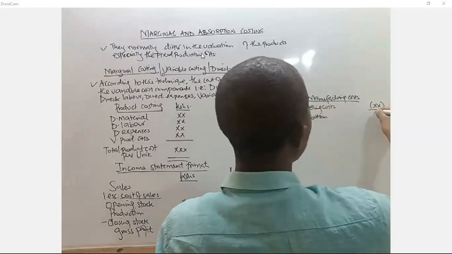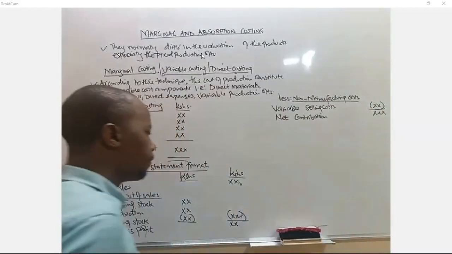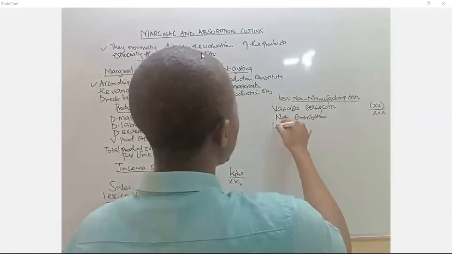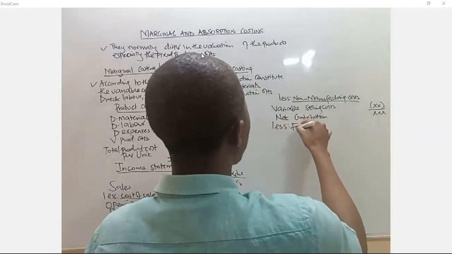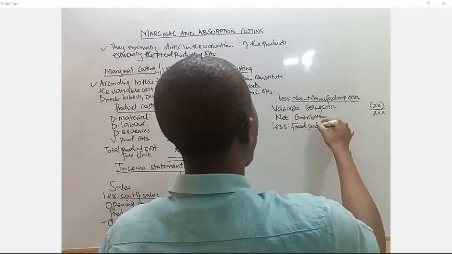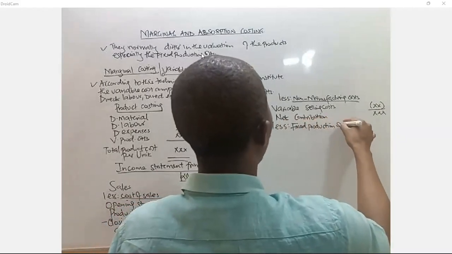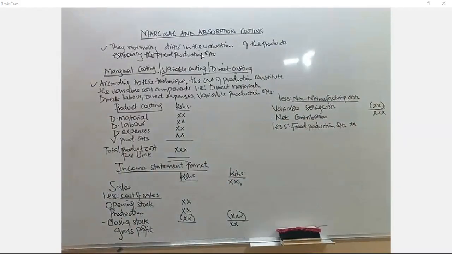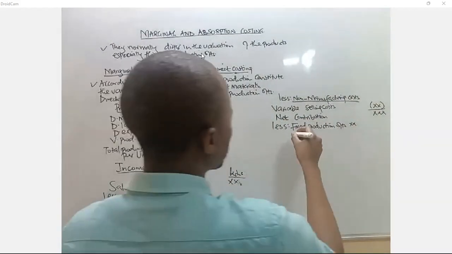Then from there, we factor in fixed costs. Let us less the fixed production overheads and the fixed selling costs.